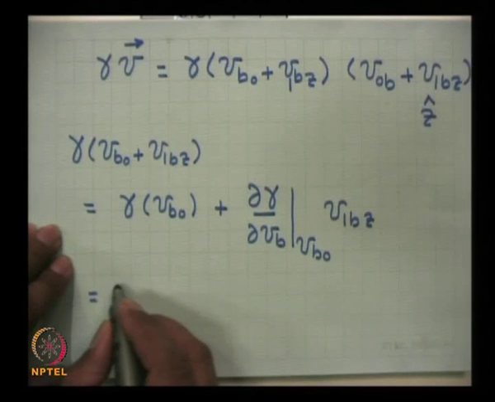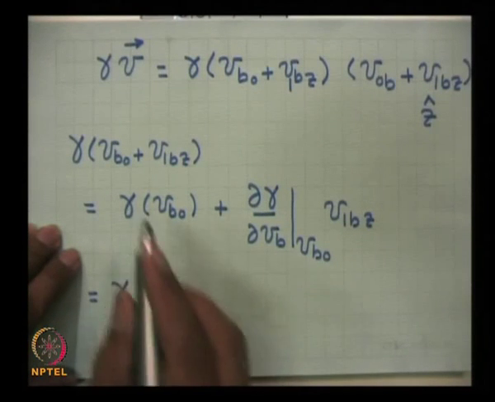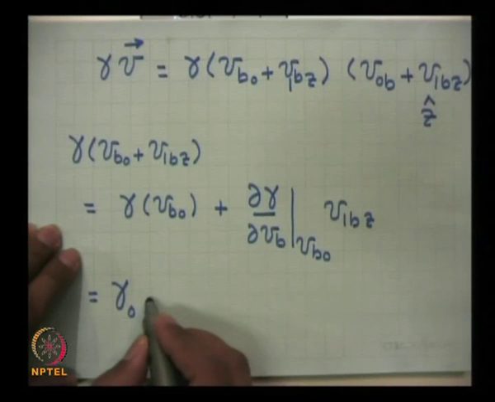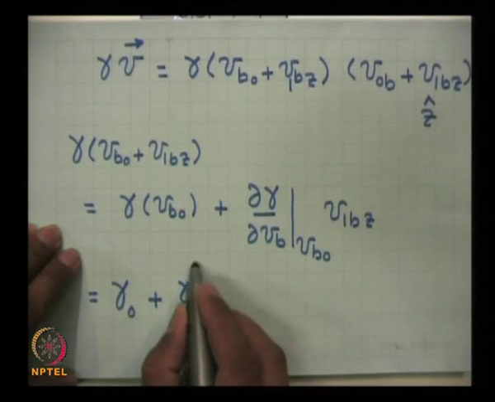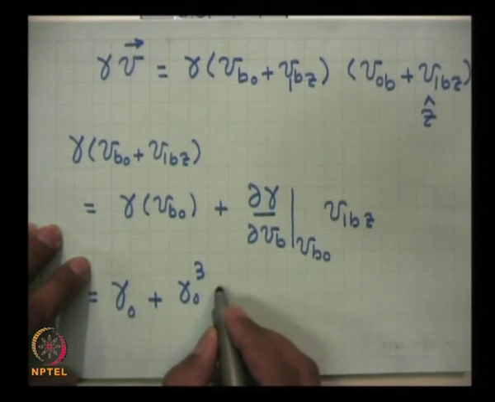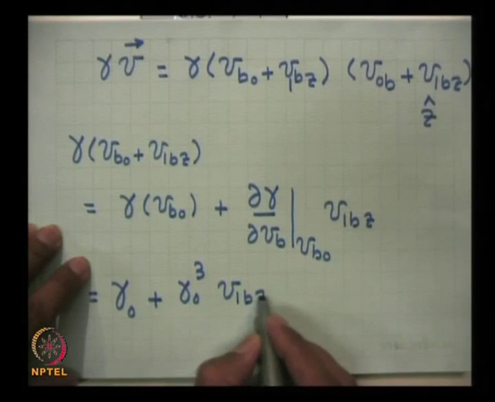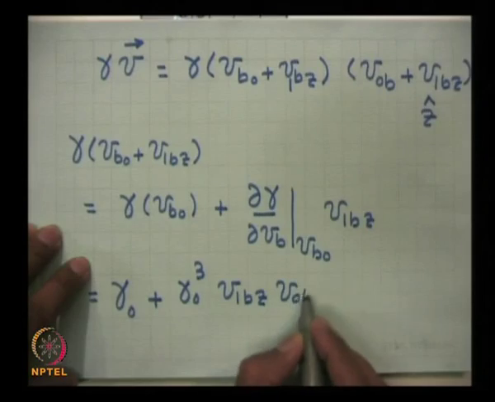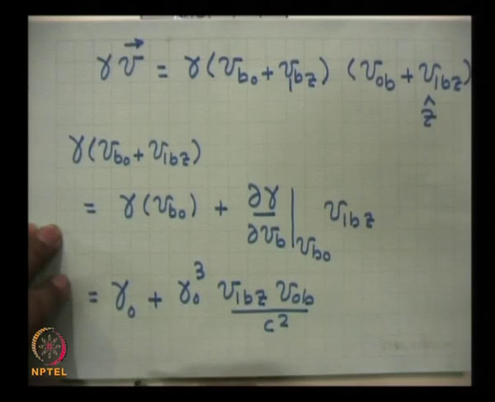this turns out to be simply, I will call this quantity gamma 0, the initial value of the Lorentz factor, plus gamma 0 cube into v1bz into v0b upon c square. You can just verify this.